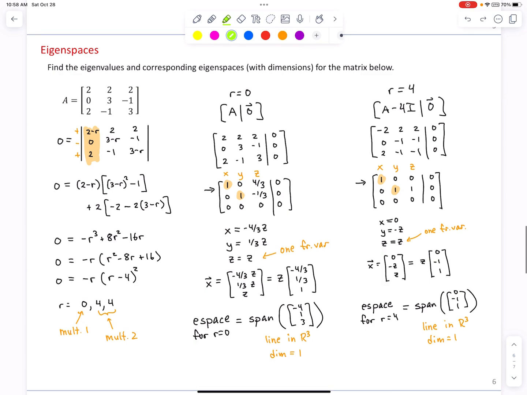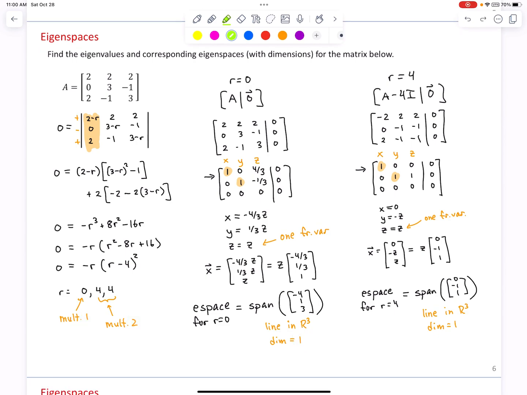Looking at some of our previous problems, eigenvalue 0 had a multiplicity of 1, so it can have no more than 1 for its dimension. So basically, for every distinct eigenvalue, there will only be one vector in the basis for its corresponding eigenspace. Now for the eigenvalue 4, we had a multiplicity of 2 and a dimension of only 1.